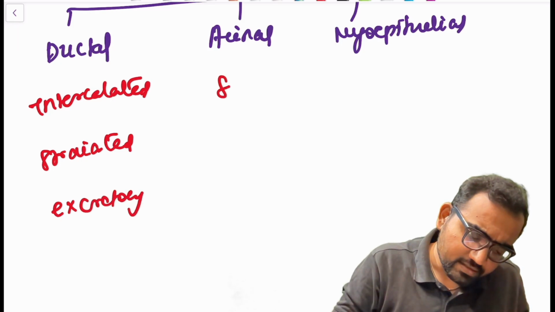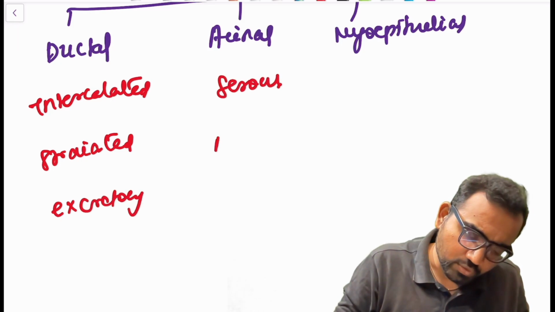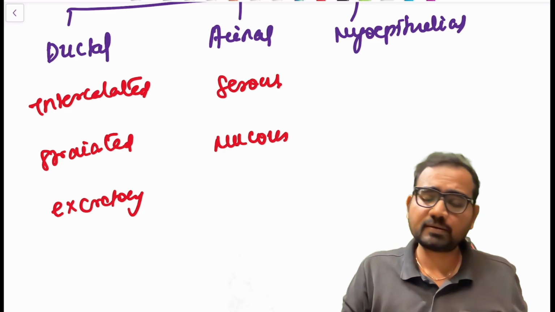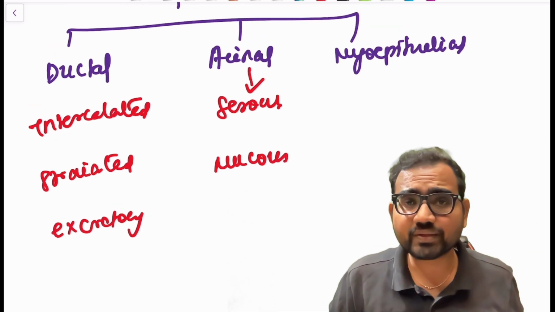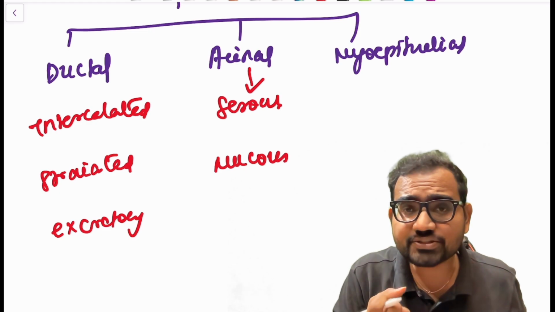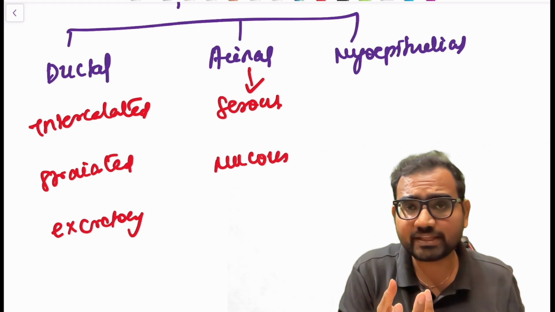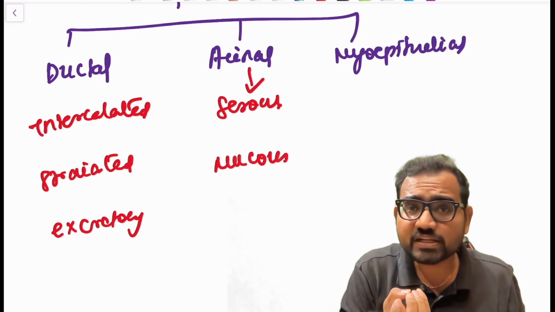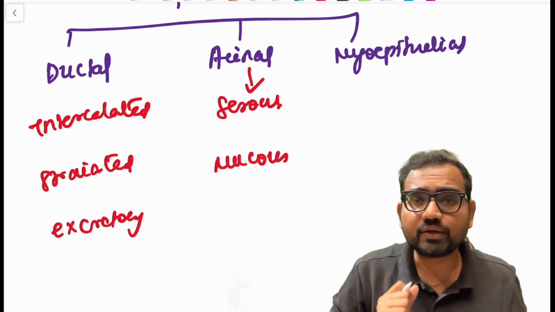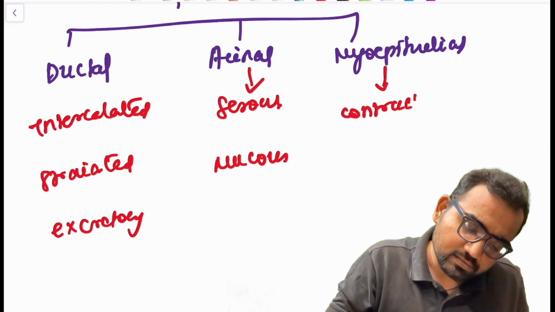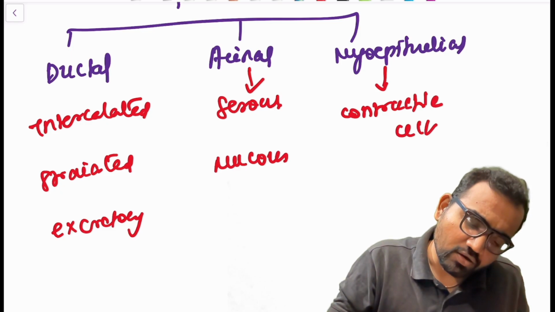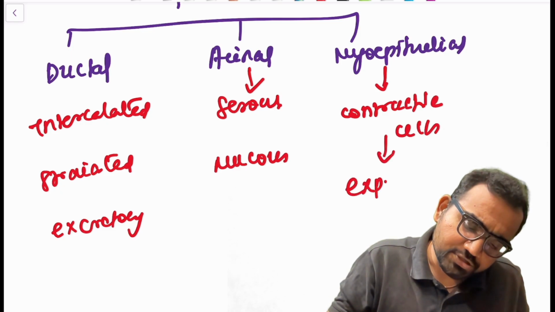Acinar cells can be serous or mucus. And the myoepithelial cells are a specialized form. They are responsible for contraction of the epithelium. In that way it helps in expulsion of the saliva into the oral cavity. So these are contractile cells, responsible for expulsion of saliva.